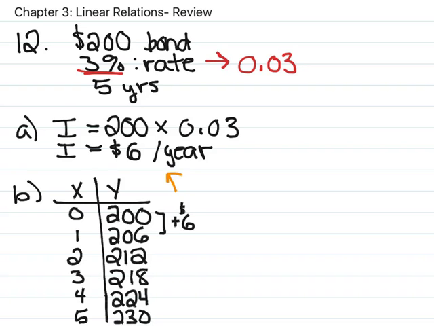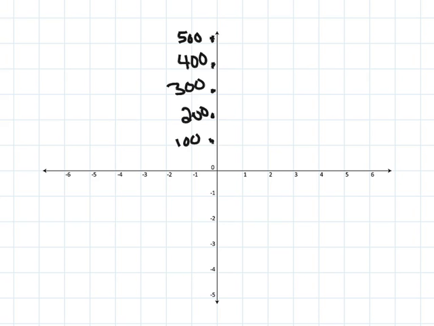So, question C. Graph the data from the table in part B. So this is one of those times where I have graph paper. Okay, this is part C, and you've been asked to graph it.